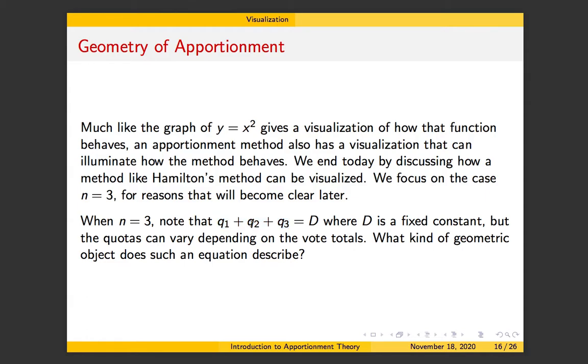If candidate 3 does terribly, then Q3 will be very small. But if candidate 3 does a little better, Q3 can go up some. So let's start by thinking about this equation. What kind of geometric object is this equation? Keep in mind that what's varying, what's changing, are Q1, Q2, and Q3, but D is fixed.